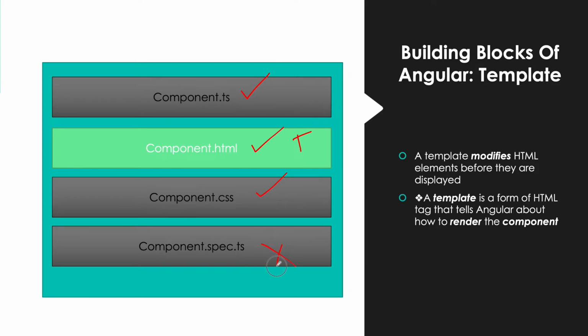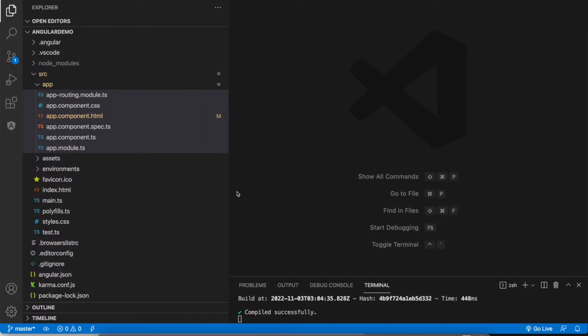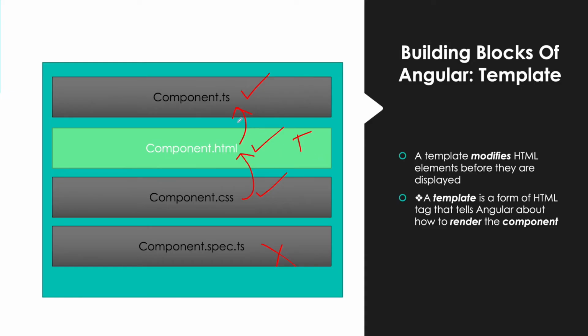This is not mandatory to run the project, and even CSS is not mandatory. You can write CSS inside the HTML file, and even HTML you can write in the TypeScript. So the TypeScript file is mandatory.